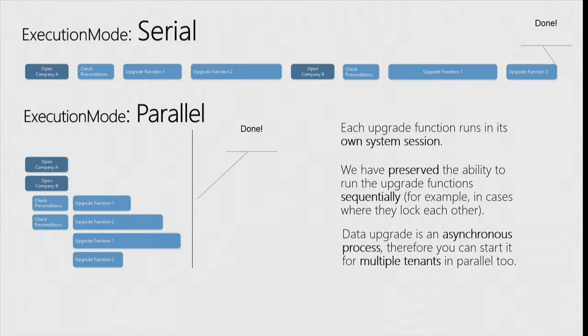Another thing to notice is that data upgrade is an asynchronous process. So you can start it also for multiple tenants in parallel. Imagine having multiple tenants, multiple companies, and running the data upgrade all at one time in parallel.